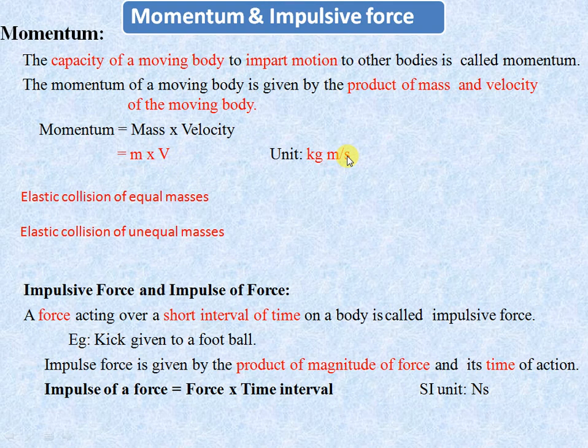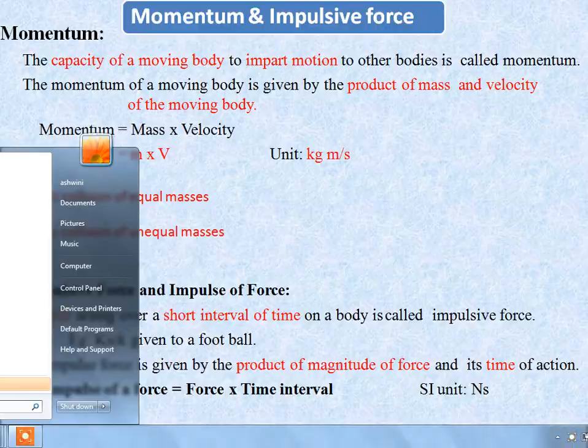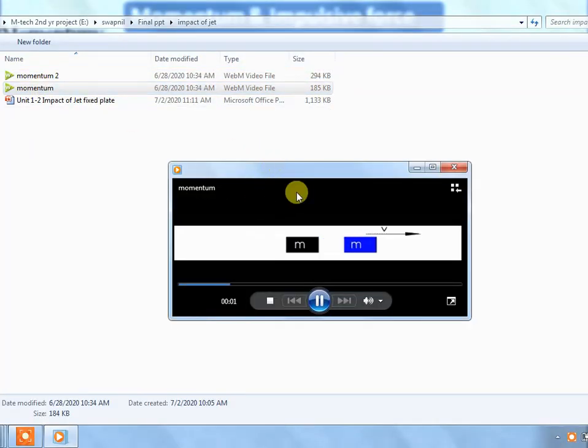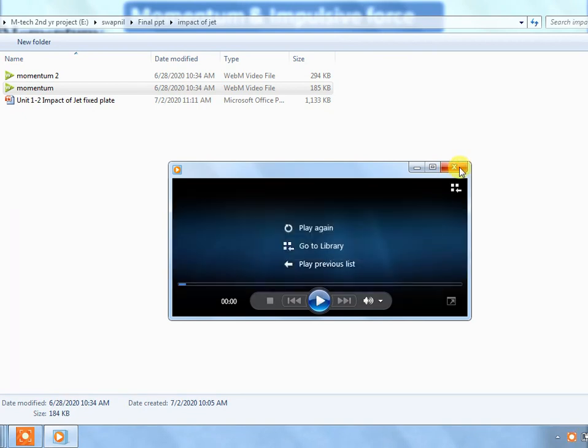So we have two conditions: elastic collision of equal masses and elastic collision of unequal masses. When equal masses collide, you can see that the two equal masses collide or exert some force. One body exerts some force on another body and it will move.